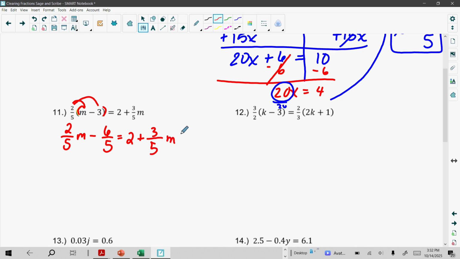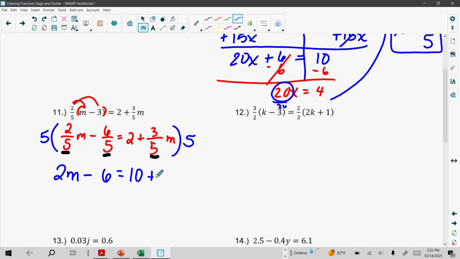And then now I can see my least common denominator, excuse me. Our least common multiple of that bottom number, the denominator, is 5. So we're multiplying everything by 5. So this is 2m minus 6 equals 10 plus 3m.